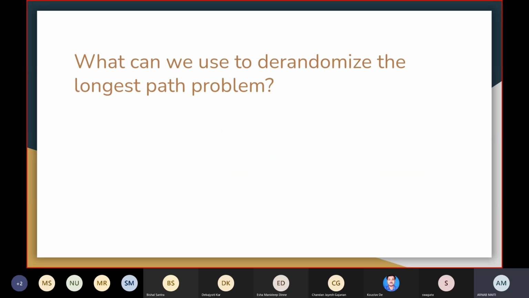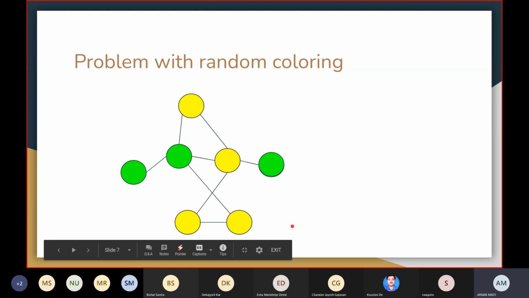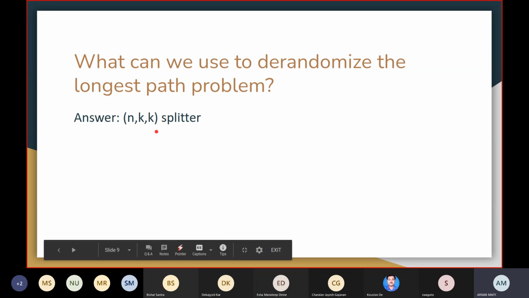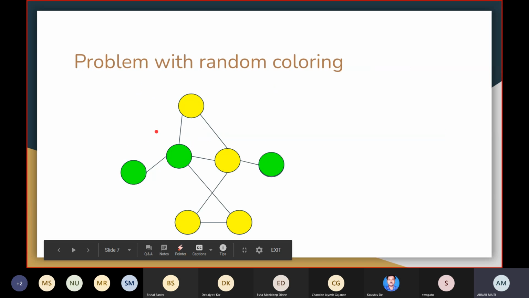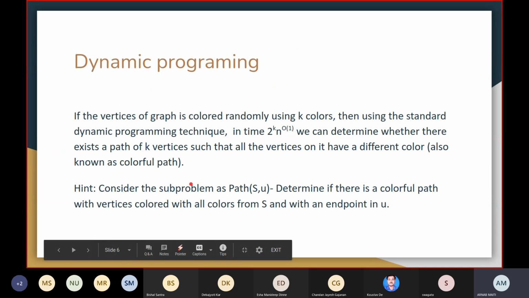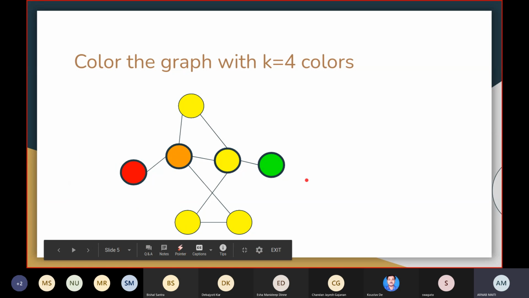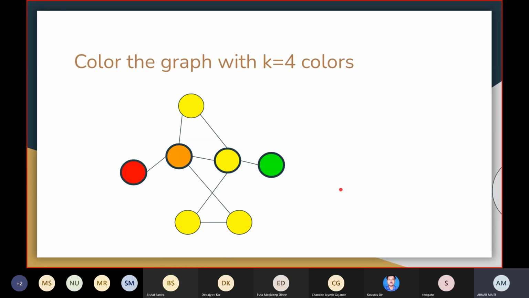So can someone from the audience tell me which splitter I should use to de-randomize the longest path problem? We looked at splitters till now. Which splitter should we use? We should be using the (n,k,k) splitter, because it ensures that if we are coloring using k colors, then there will exist a function in it which will color these k vertices uniquely, each with a different color.